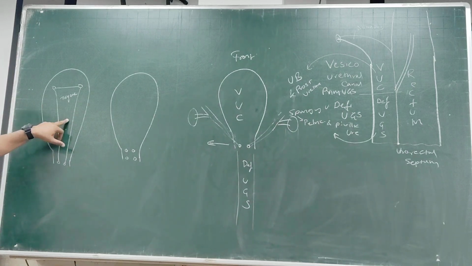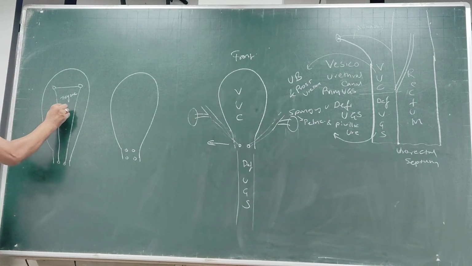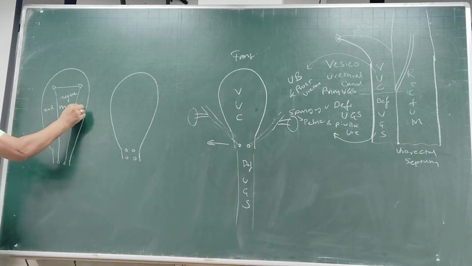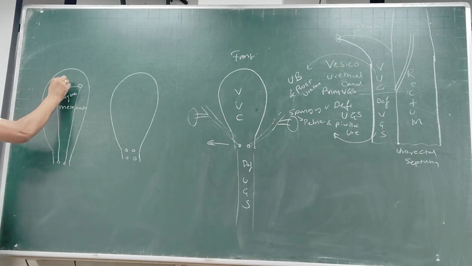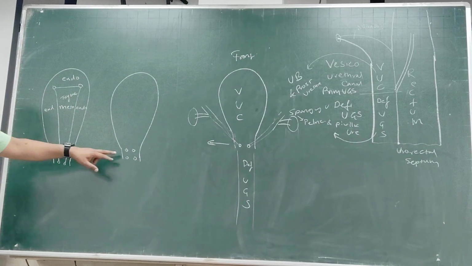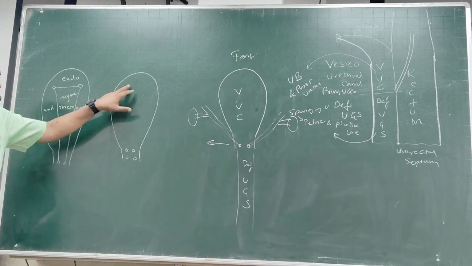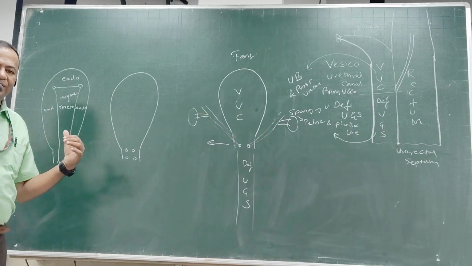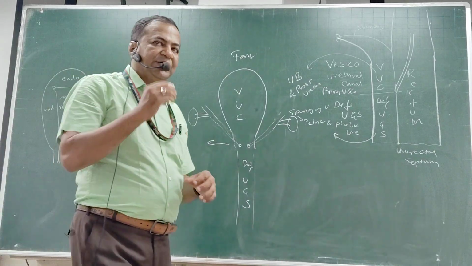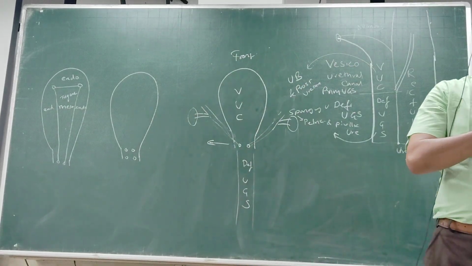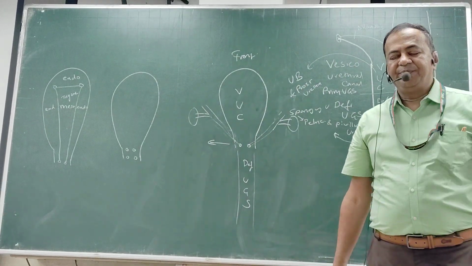So this trigone part is from mesoderm, remaining part of the bladder epithelium is from endoderm. So these ducts, they go up, and this is the development of urinary bladder. Of course, the detrusor muscle develops from splanchnopleuric mesoderm.